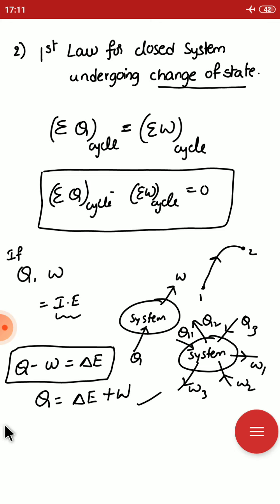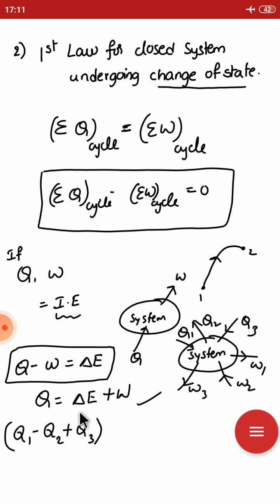We know that in the summation of these, heat supplied to the system is always positive, heat leaving is negative, so Q2 is negative. Q3 is supplying heat, so it is positive.